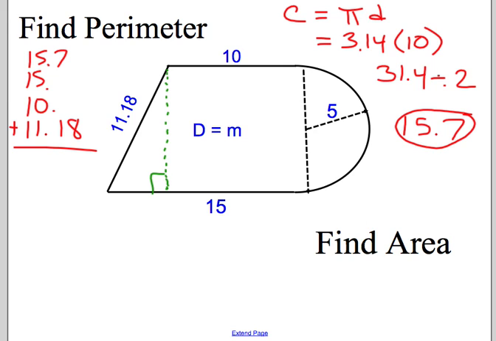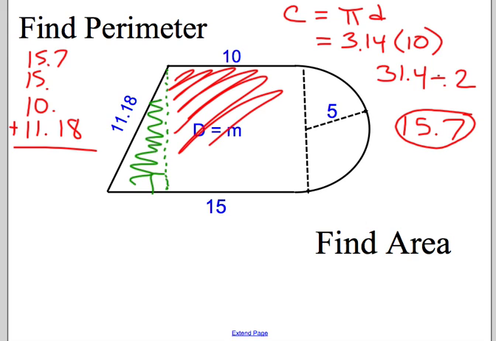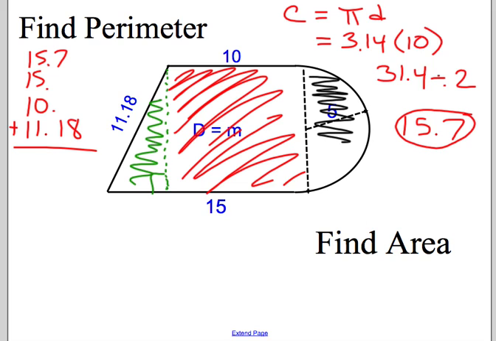We have the triangle here. We have the rectangle. Looks like a square. Maybe it is. I don't know. Actually, I do know. But that's irrelevant. And then we have the area of the semicircle. So let's start with the area of the triangle.